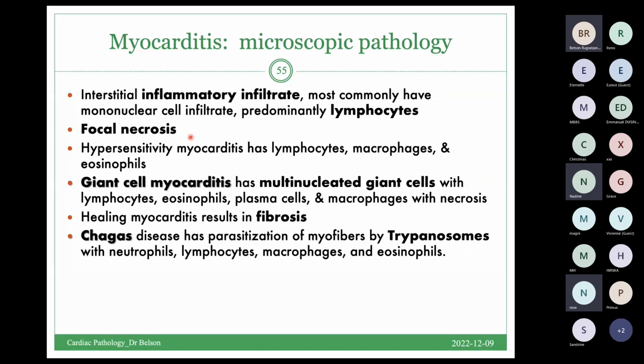So these are microscopic features: common inflammatory cells such as lymphocytes, focal necrosis, giant cell myocarditis. Here we see multinucleated giant cells, like those we see in tuberculosis. So some are caused by Chagas disease, which is a trypanosomiasis. So clinically, the patients will have fatigue, dyspnea, palpitations, precordial chest pain, fever, and so on. Some can be asymptomatic.